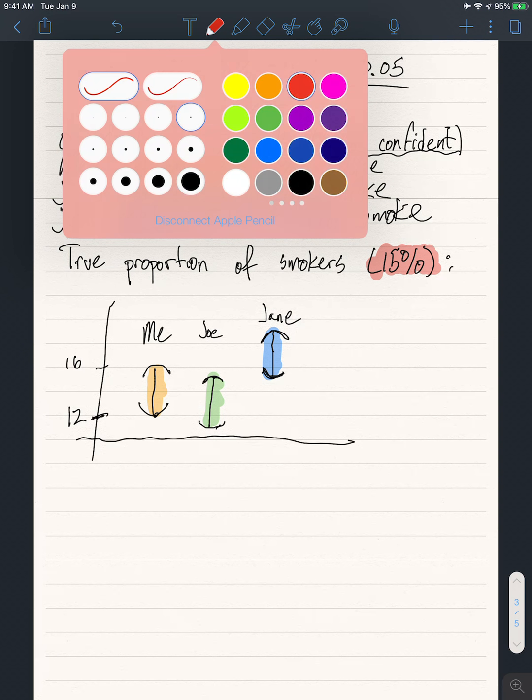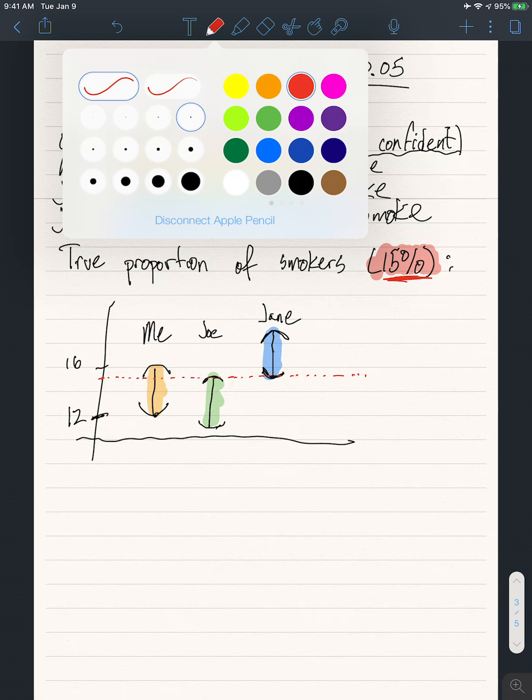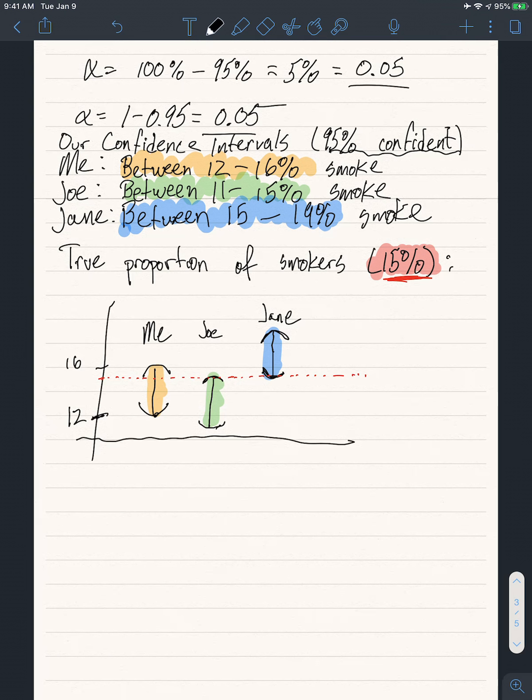None of us are really going to know what's right, but the math says that if we knew the true proportion of smokers, which it says is 15, and we were to repeat this process a bunch of times, not just me, Joe, and Jane, but a bunch of other people, then 95% of these ranges are actually going to hit or contain that true proportion.